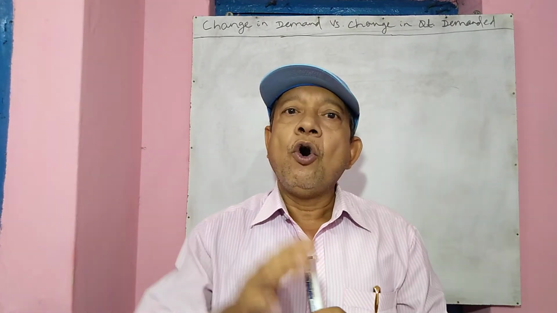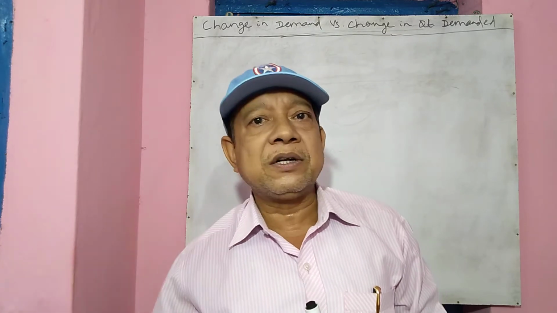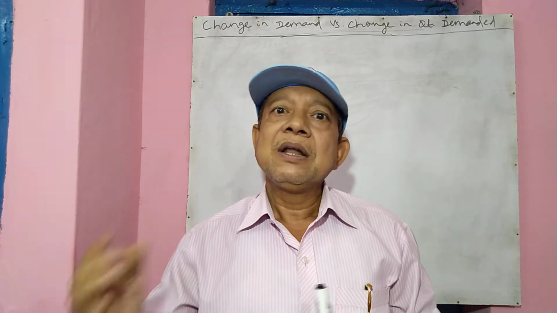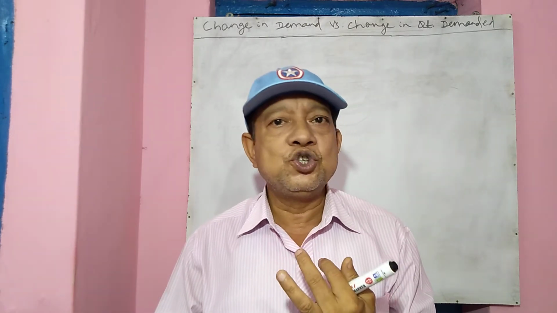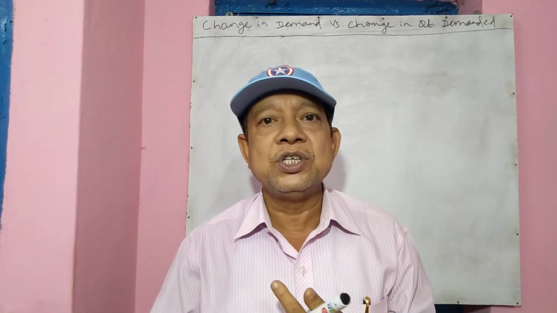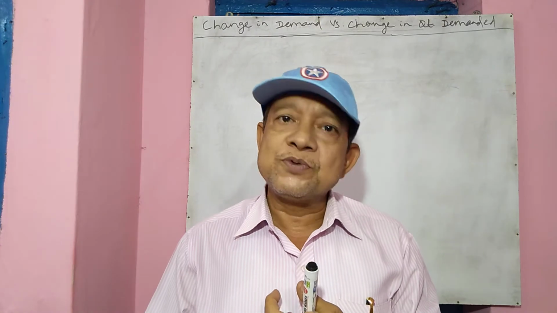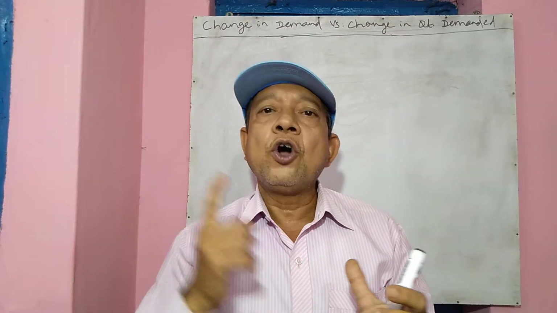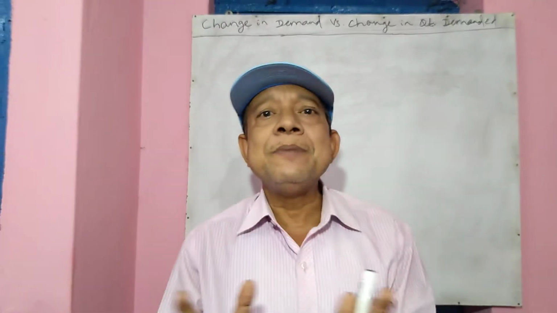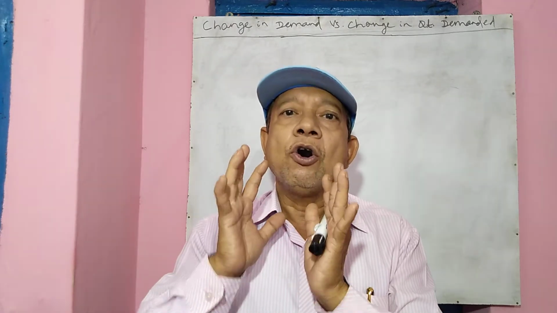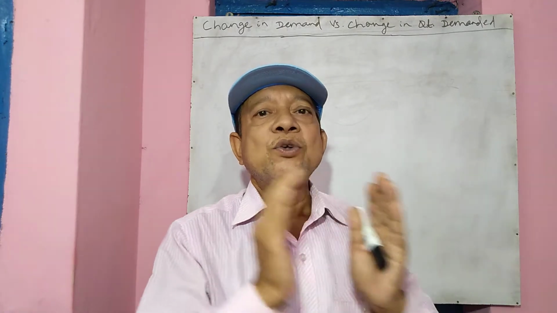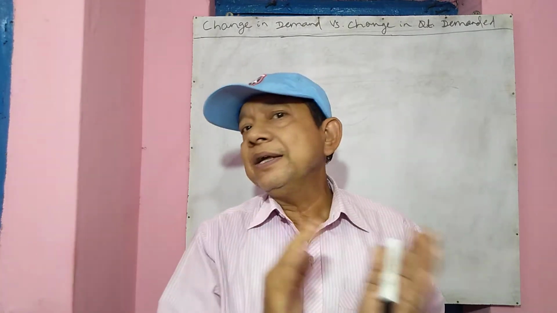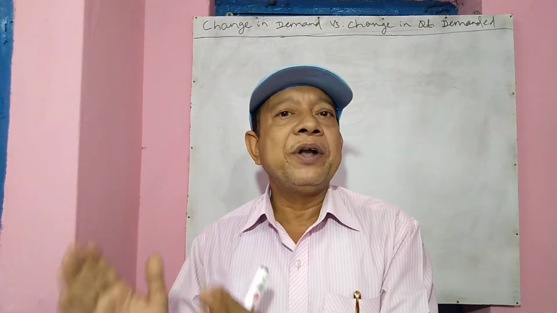Here, other factors like the taste of the consumers, the habit of the consumer, fashion, technology, price of related goods, substitute goods, complementary goods, and government tax policy all remain constant. That is, other things remaining constant. If price changes and quantity demanded also changes, then we call this change in quantity demanded.